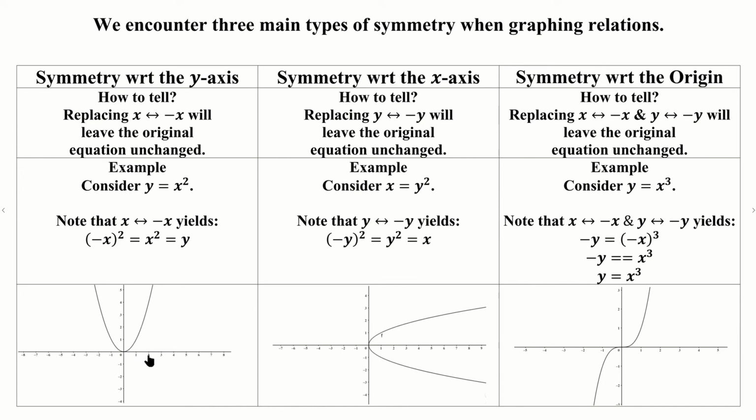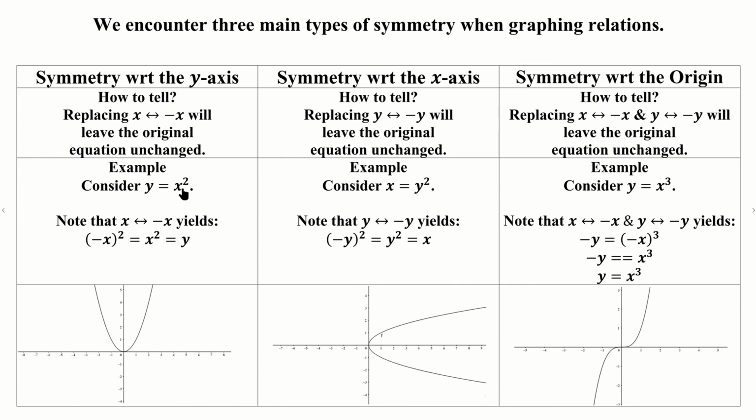Notice that a given x value and its opposite need to give me the same y value, right? So that's why the check for such symmetry entails replacing x with negative x, and if doing that leaves the original equation unchanged, then the particular equation will have a graph that's symmetric with respect to the y-axis.